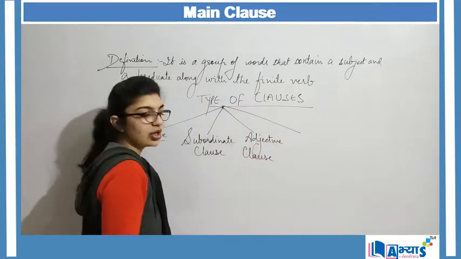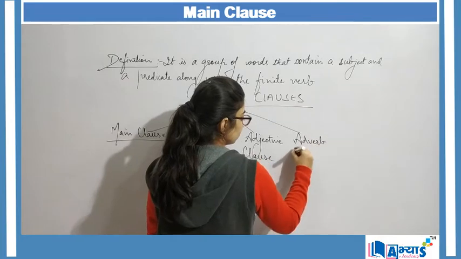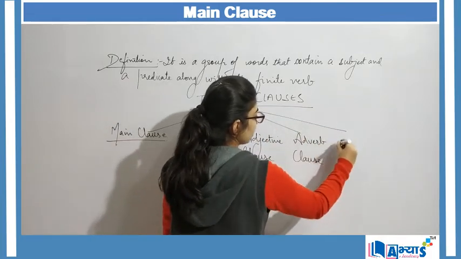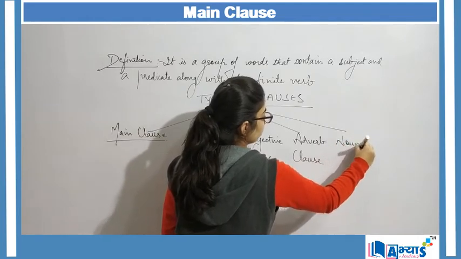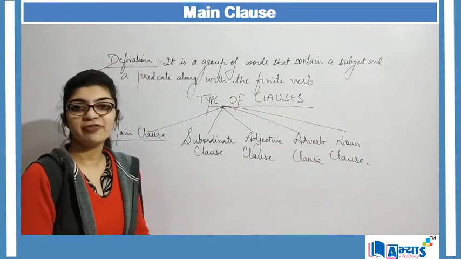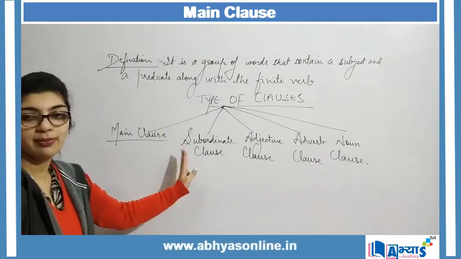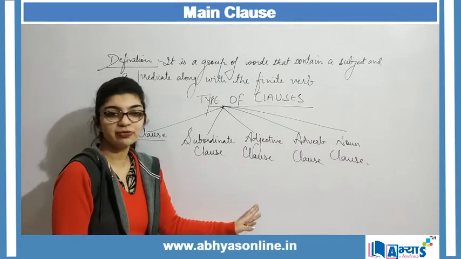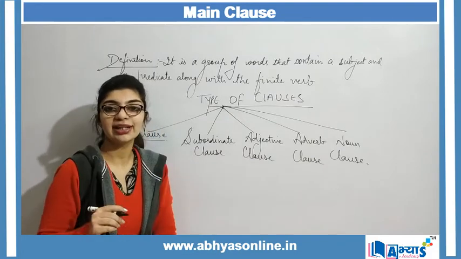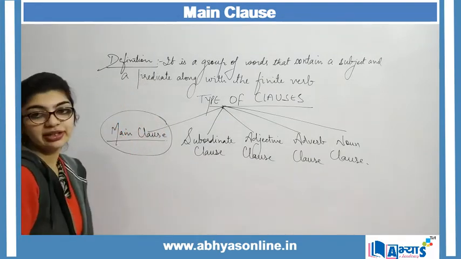The fourth type is adverb clause. And the fifth type is noun clause. So there are 5 types of clauses: main clause, subordinate clause, adjective clause, adverb clause and noun clause. And in this video, we will basically focus on main clause.